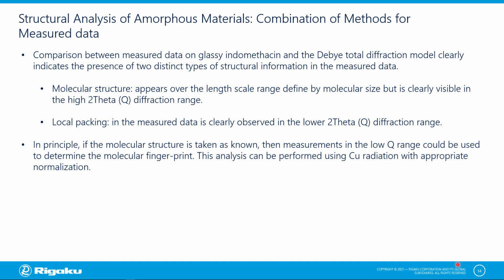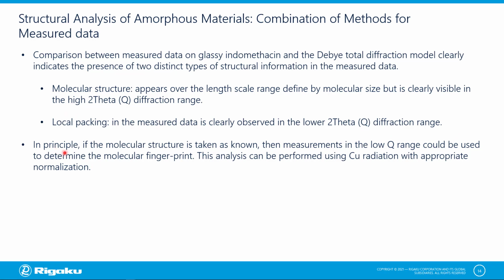This slide essentially summarizes my narrative from the previous slide, but what I really wanted to emphasize here is that for this local packing, the material's fingerprint, in the measured data, this is clearly observed in the lower 2 theta or the small q or lower q diffraction range. Now, this actually gives us an interesting opportunity.